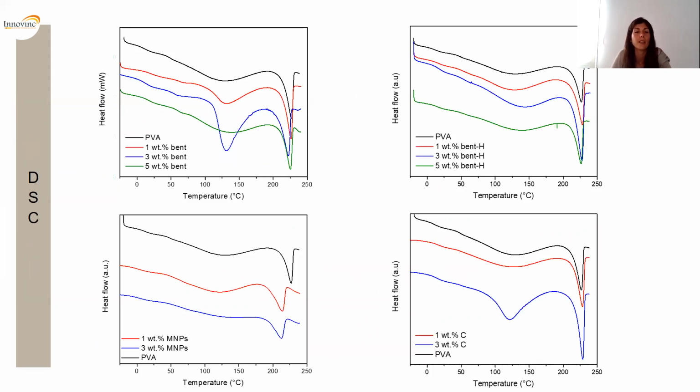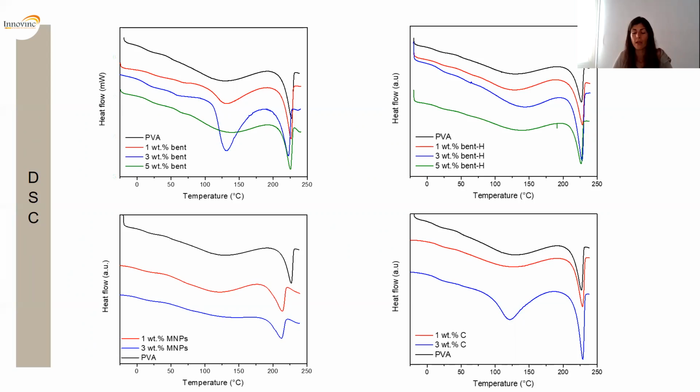Here we have the different differential scanning calorimetric measurements, and we can see that in almost all cases we have a double glass transition temperature, which is quite common in PVA hydrogels. And in all cases, the glass transition temperature values slightly increase with the filler incorporation, and this can be explained in terms of the PVA chain mobility.